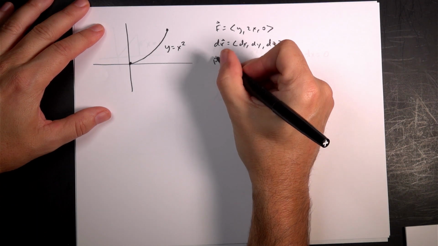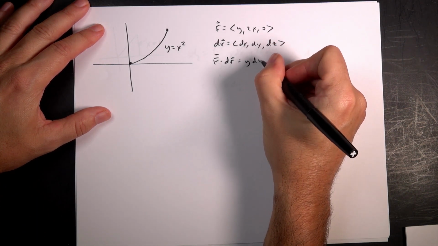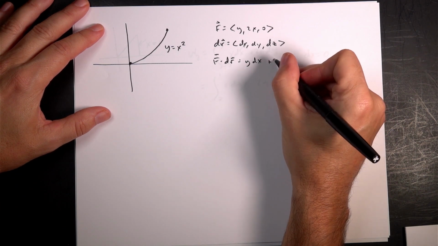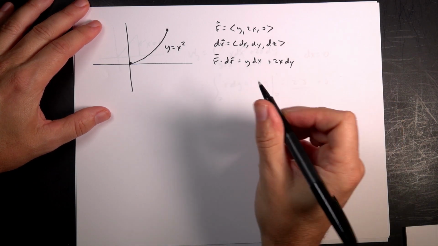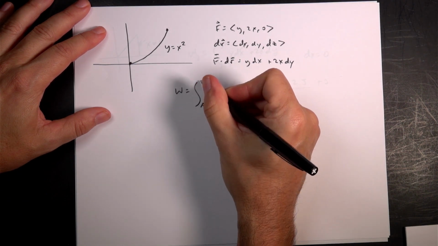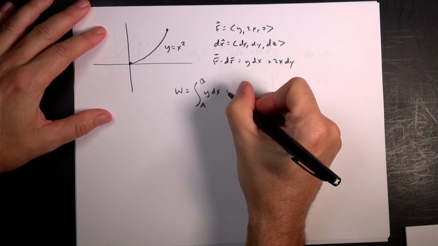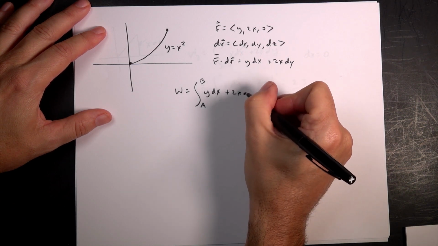So f dot dr is y dx plus 2x dy. So now I want to integrate. The work is going to be the integral from a to b of y dx plus 2x dy.